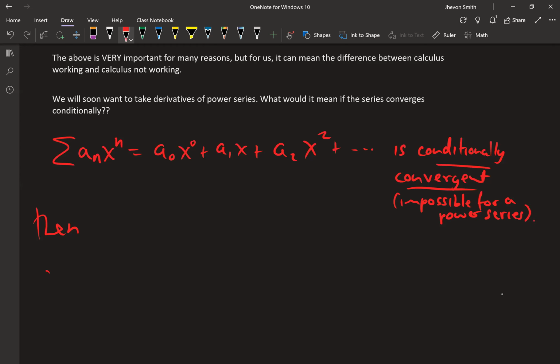Then, if I were to differentiate each term, I differentiate the first term, plus differentiate the second term, plus dot dot dot.